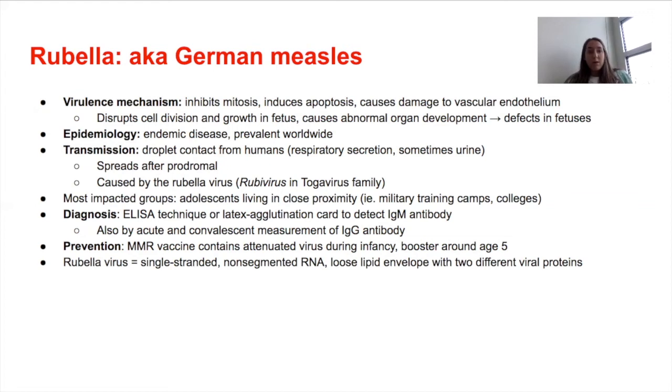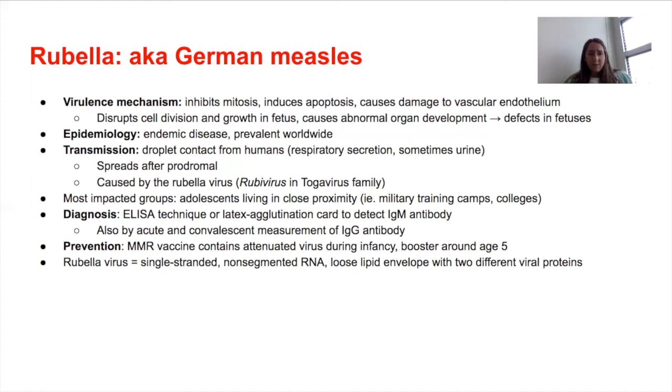It's caused by the rubella virus, which is a virus in the rubivirus family. It's a part of the togavirus family. And the most impacted groups are adolescents living in close proximity. So these could be college dormitories, military training camps, anywhere where there's a large amount of adolescents that are kind of grouped together and living close.